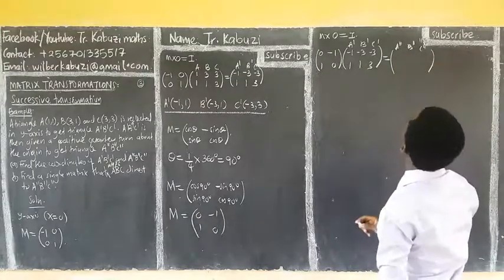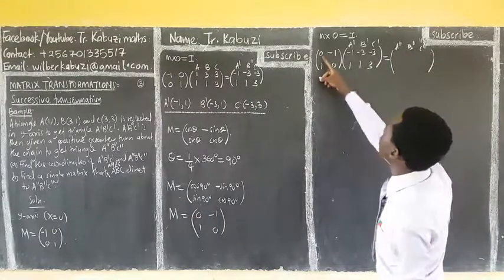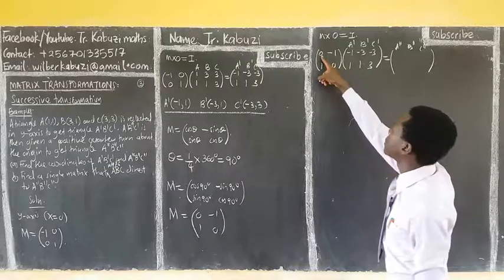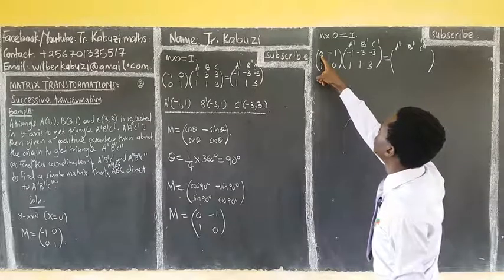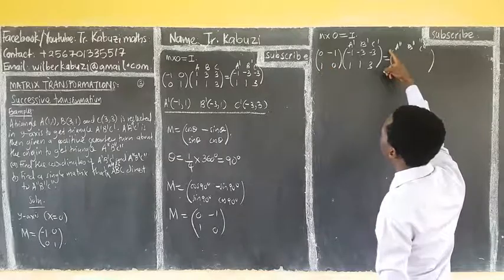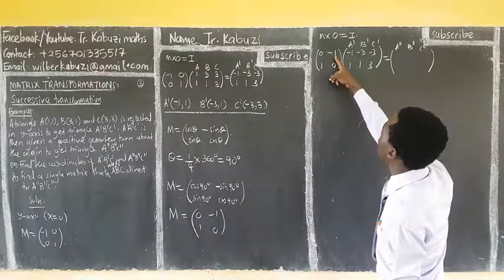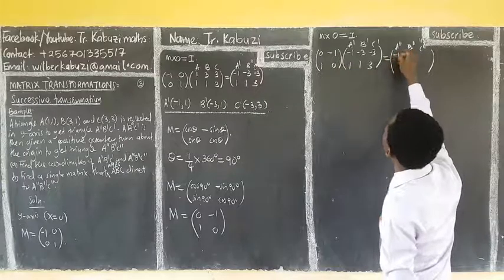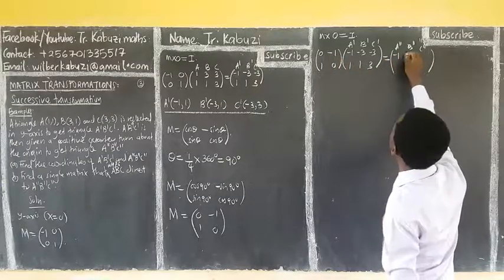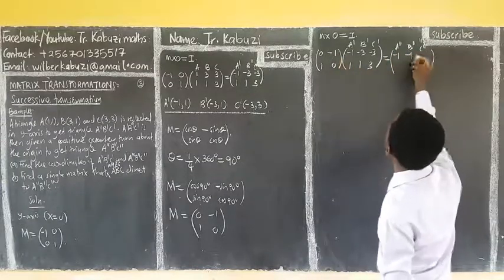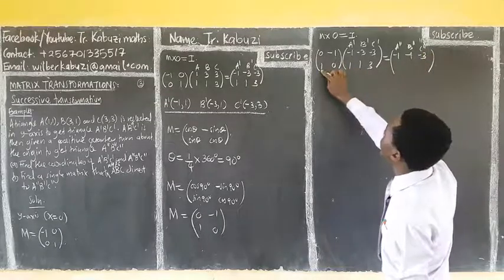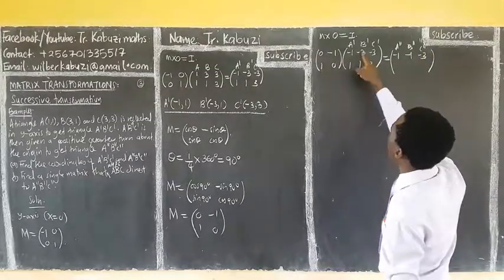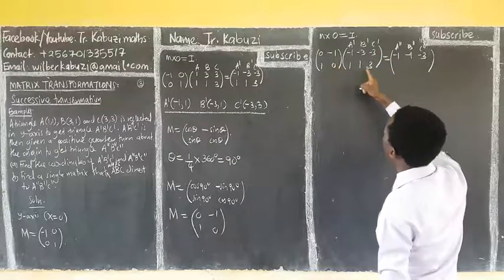Okay, so when I do that, you see that I have a 0 in the first entry, so this will push all this to 0. So what I do, I just get this negative 1 and multiply with this 1. This times this, negative 1; this times this, negative 1; then this times this, negative 3. Then here, this one is going to multiply the first, then this 0 is going to multiply this one to 0.